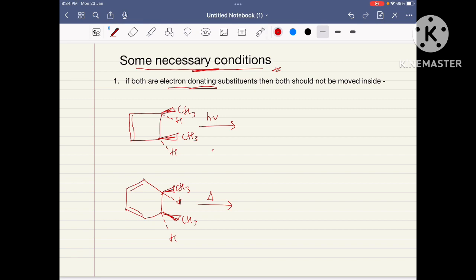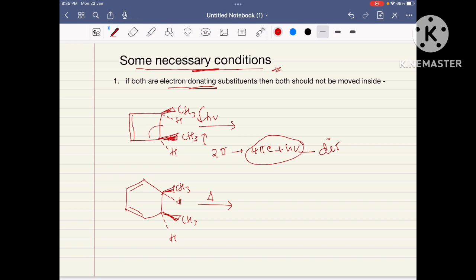We consider this as 2 pi bonds present here, and you know that it is a 4 pi electron system plus photochemical condition means you have to do disrotatory here. Disrotatory means both moving inside, right? So this group is above and this is below.